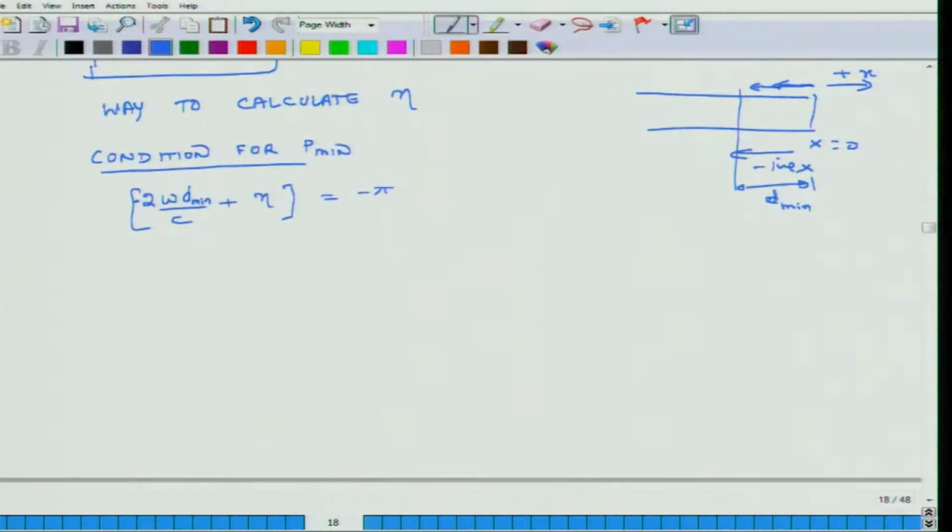I already know the value of omega because I know what kind of frequency I am generating in the speaker, and this value, minus 2 omega D min divided by C plus eta, should be equal to minus pi. Once it is this, then I can calculate eta.